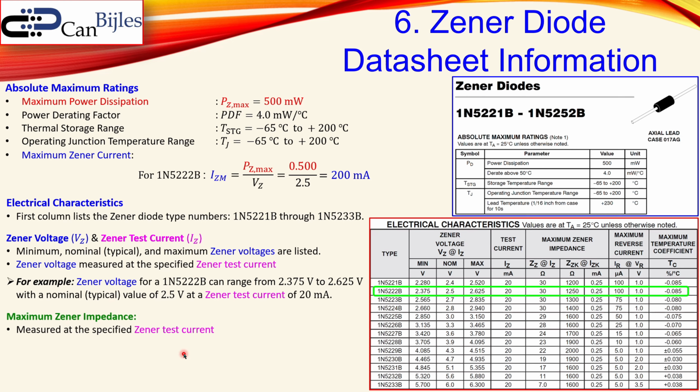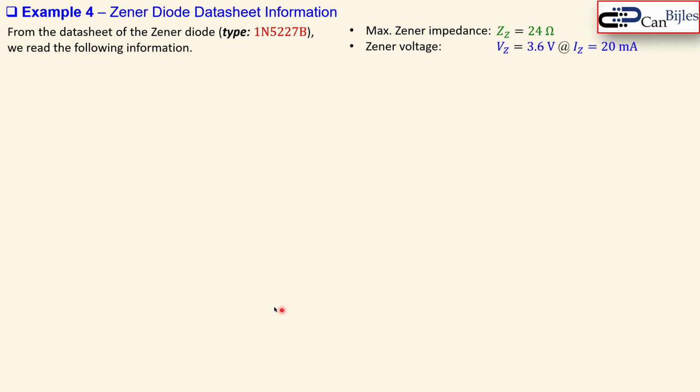Now the maximum Zener impedance is measured also at this Zener test current, and that is given here, in this case 30 ohms, again for the test current of 20 milliamps. And you can also see the IZK, which is the minimum Zener current, 0.25 milliamps or 250 microamps.